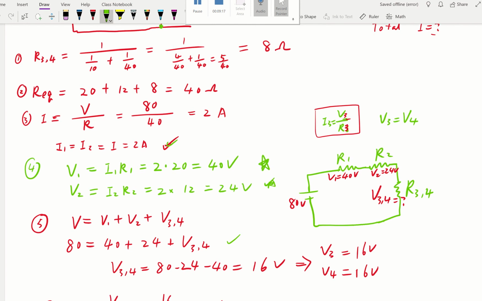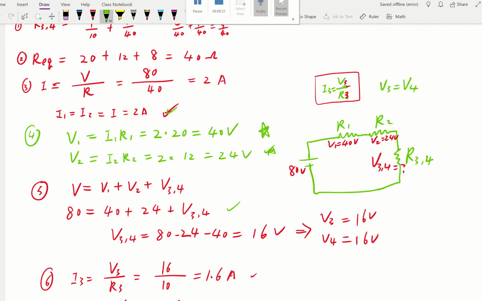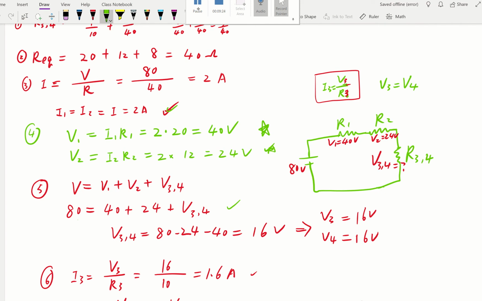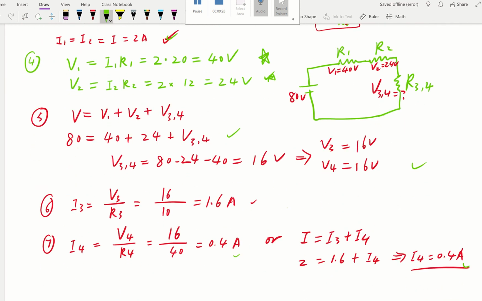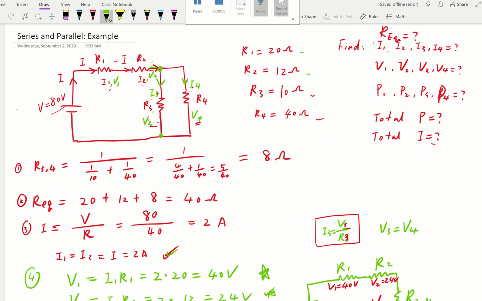Using Ohm's law, we add all those voltages together to equal 80, and then we find V3 and V4. Once we find that, we use Ohm's law or the current split to figure out each individual current. So we basically solved all those here now, right?